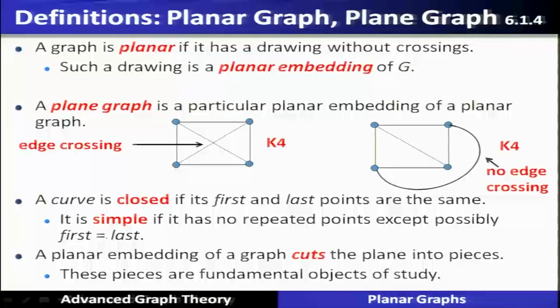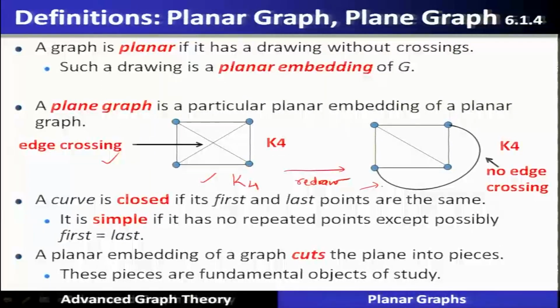For example, if this is the graph called K4, here there is an edge crossing shown. Now, we can redraw this particular graph using points and curves. All four points will be there, and this straight line or curve we can draw. This particular edge we can draw from outside, as we have seen in the previous slide.